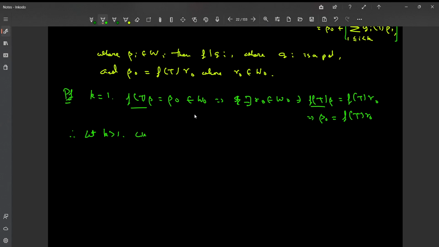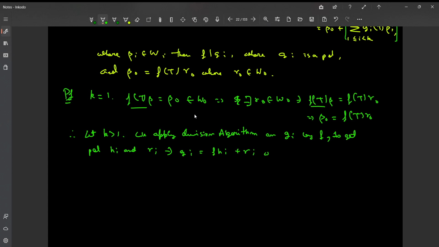We apply the division algorithm on each of these gi by f, to get polynomials hi and ri such that gi equals f times hi plus ri, where the conditions on ri are that either ri equals 0, or the degree of ri is strictly less than the degree of f, for all i.